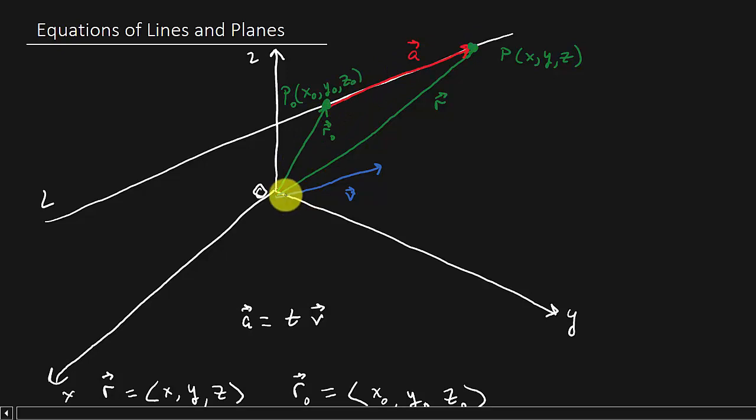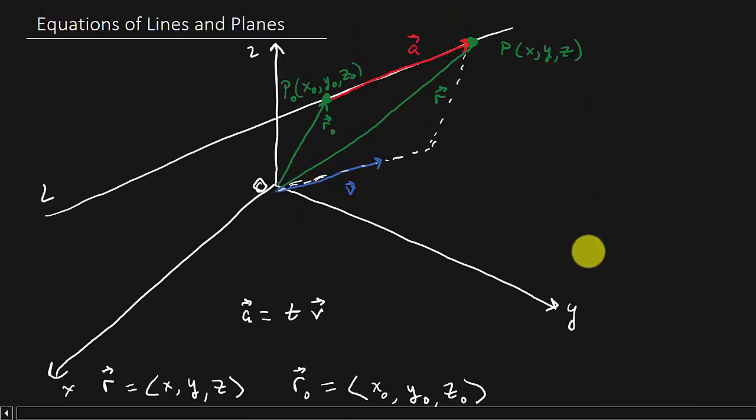Remember the parallelogram method. Or you can, remember, put the tail of the vector, or the initial point of the vector, at the terminal point of another vector, then the resultant, or the sum of those vectors, is from the initial point of r sub 0 to the terminal point of a.